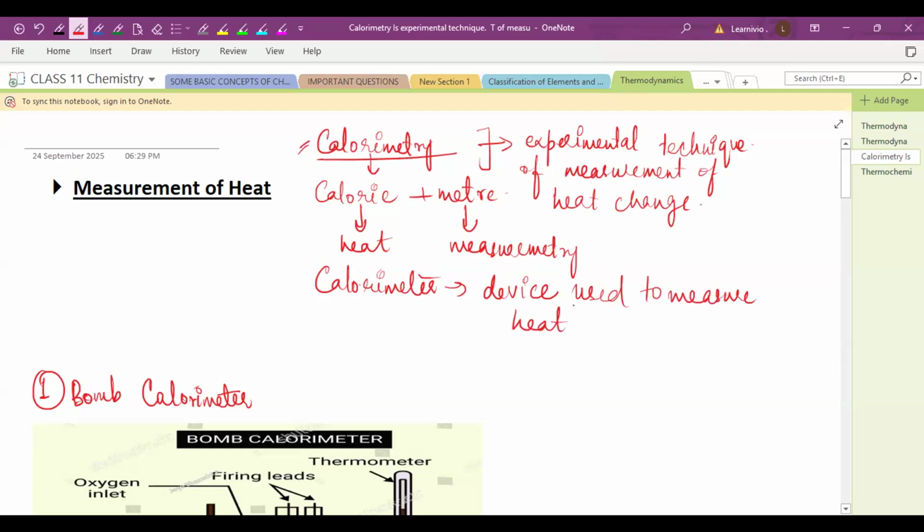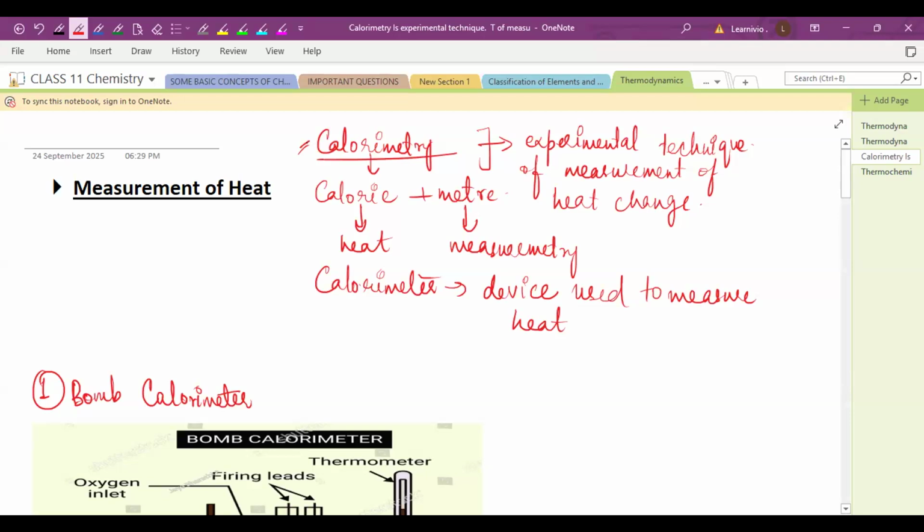Okay, so basically we can measure energy changes which are associated with chemical reactions. Chemical reactions means chemical changes. So in a chemical reaction, if there is a change in heat energy or any energy, and we want to measure how much energy is released, means evolved, or absorbed, we will use this calorimeter, or this technique which is known as calorimetry technique.